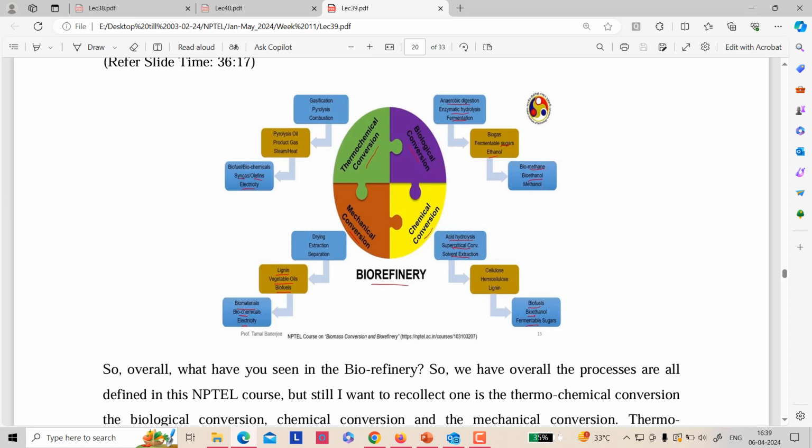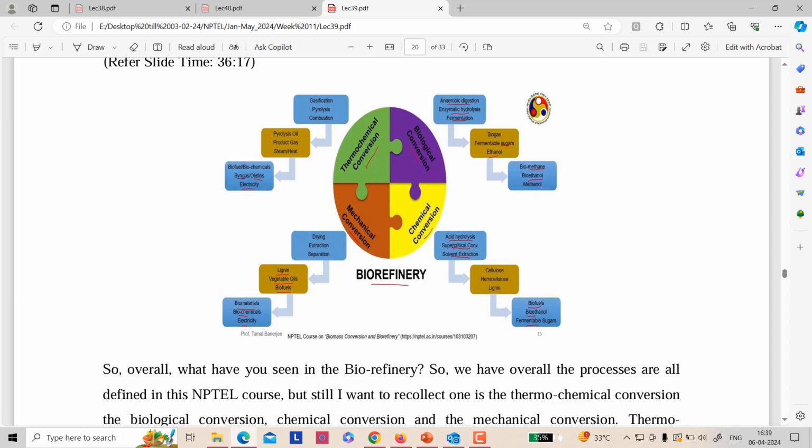In the biological conversion, you can see the anaerobic digestion of the raw materials happens, enzymatic hydrolysis, fermentation. It will lead to the production of biogas, fermentable sugars, and ethanol. Then finally, biomethane, bioethanol, and methanol can be produced. In the chemical conversion, the methods are acid hydrolysis, supercritical conversion, solvent extraction.